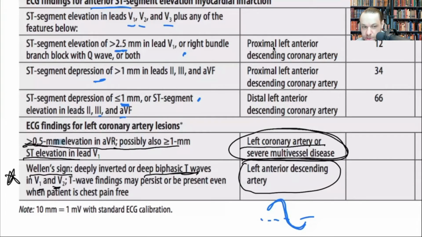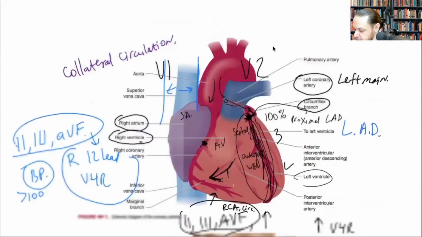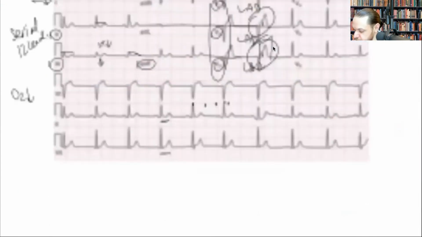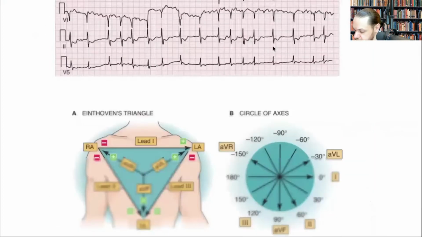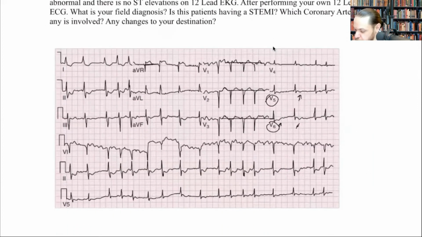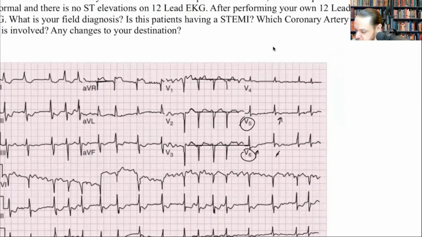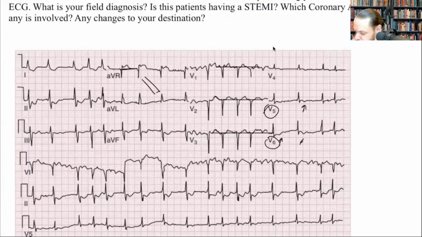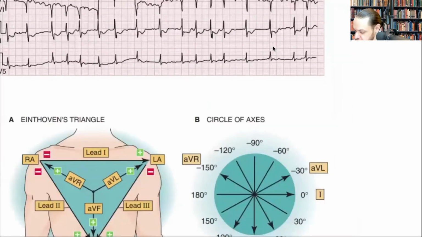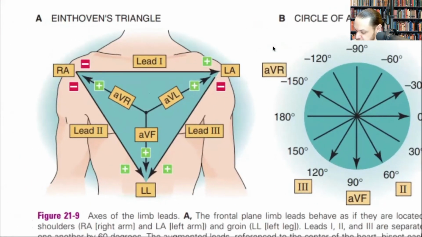So this person, ST segment elevations in AVR is indicative of left coronary artery or multivessel disease. Probably because of the T-wave inversions, it's probably the left anterior descending. And why do we see this elevated? Because normal cardiac impulses from the heart are going down. But look, you see how AVR is here?